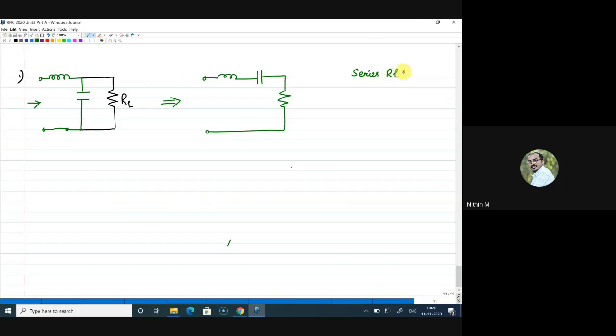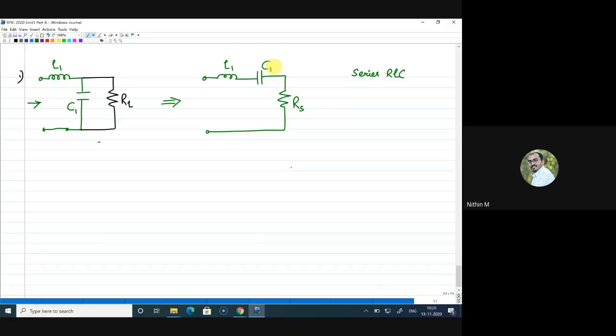Since it is a series component, I'll write it as RS. Say this is L1, this retains as L1. Now this is C1, but that again depends on the Q factor. Now, I hope you are with me.